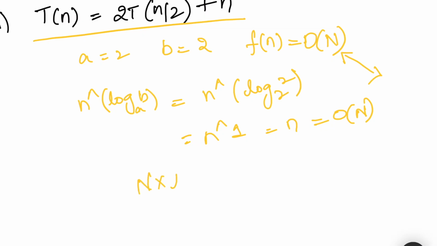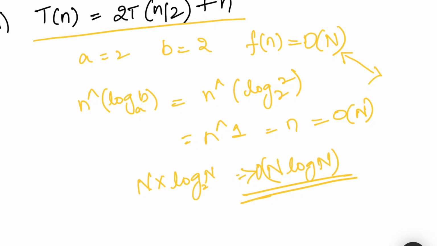So n * log n is our final time complexity, and this is exactly why merge sort runs in O(n log n). So Master Theorem is not giving a new answer. It's confirming what recursion trees already showed us.